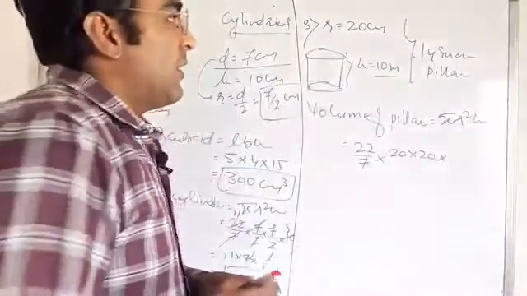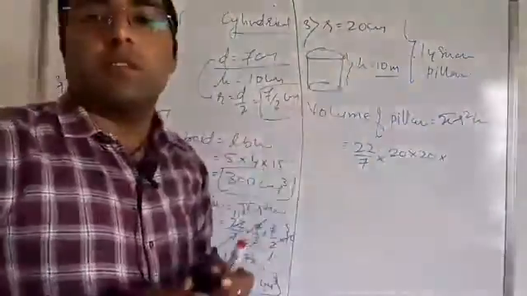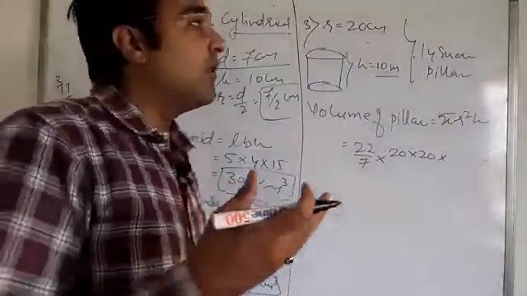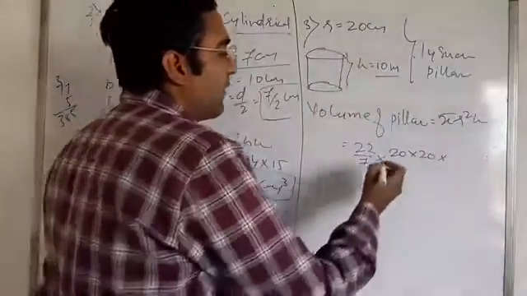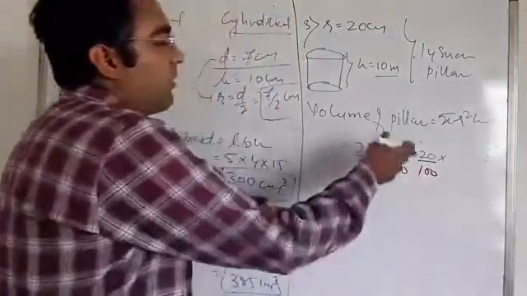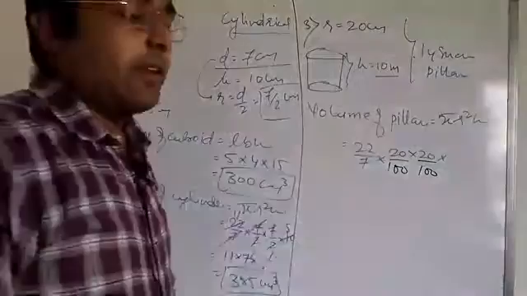So I have to change the radius that is given as 20 centimeter and convert it into meter, so divide by 100. Now my radius is in meter and height is 10 meter.